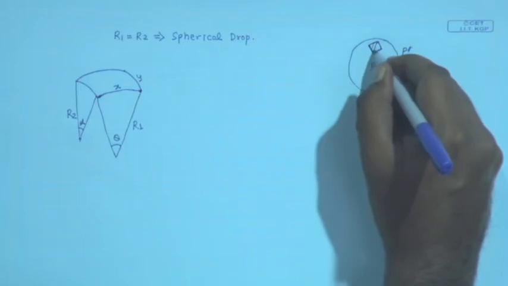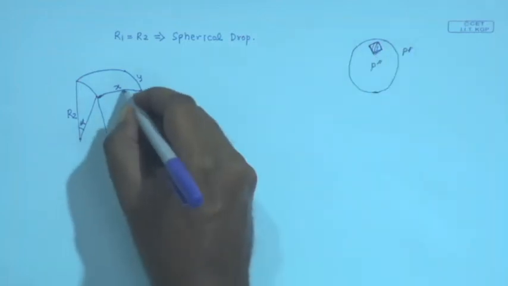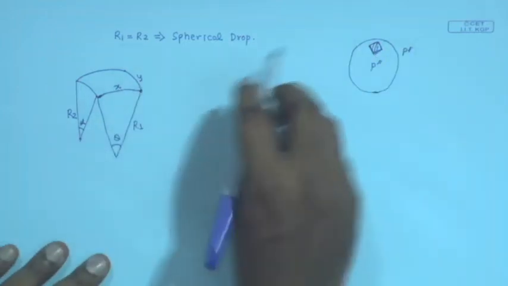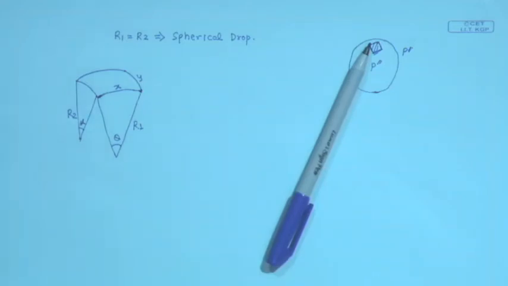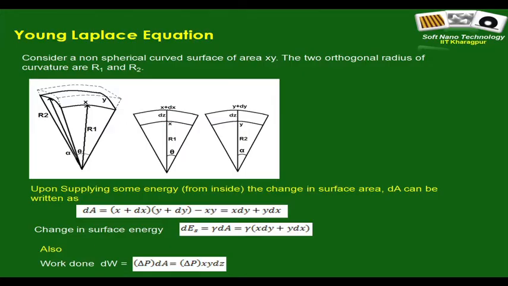So, the length is x, this is y. So, we sort of look into the 2 projection views. This is along one of the radii, the view taken along one of the radii is R1, and from the other side it is R2.